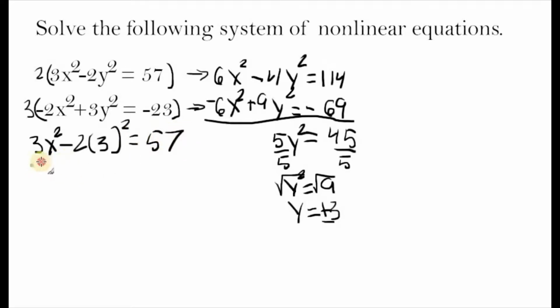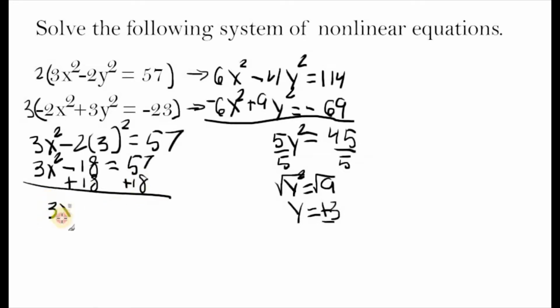Now we'll just go through, drop down 3x squared minus, now first we're going to do 3 squared will give you 9 times negative 2 will give you negative 18. So 3x squared minus 18 is equal to, just drop down the 57 and add 18 to both sides.